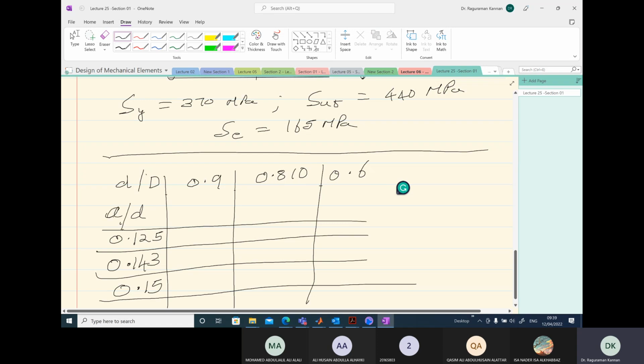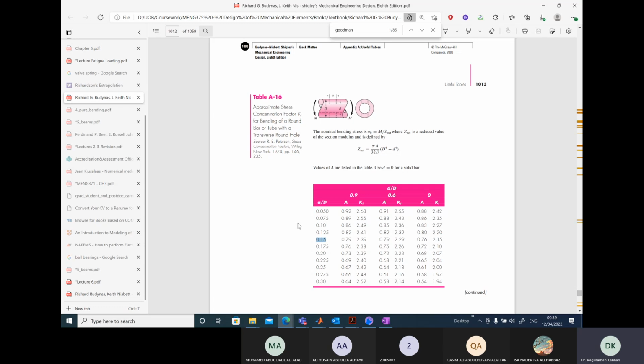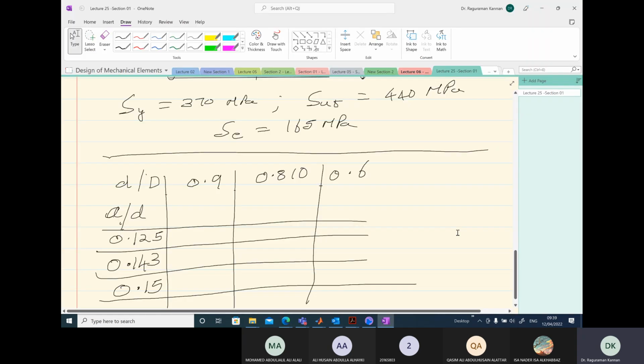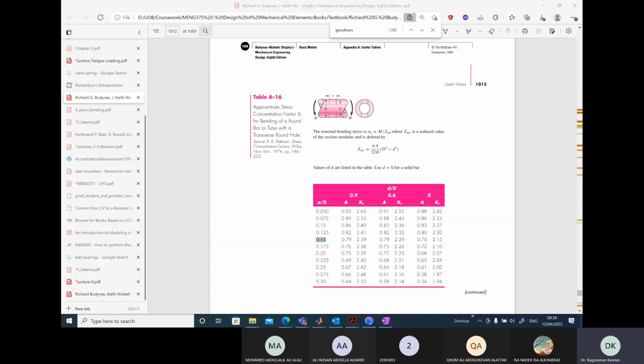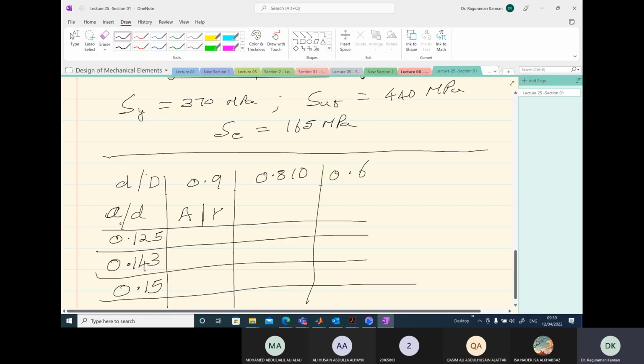A over D. Okay, so now we have to copy in the values of A corresponding to 0.125 and 0.9, which is 0.82. That is the value of capital A. I'm going to combine two different things, capital A and K. Those two values we need to interpolate.